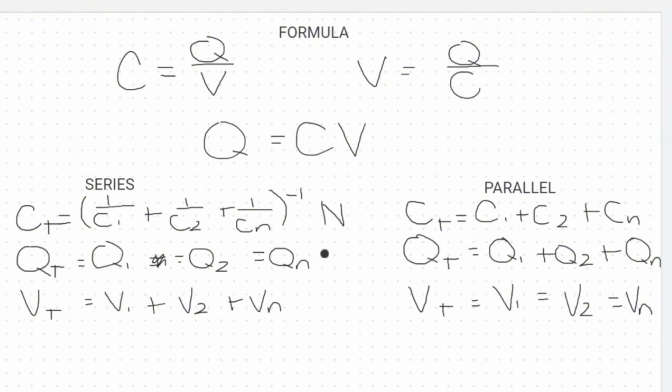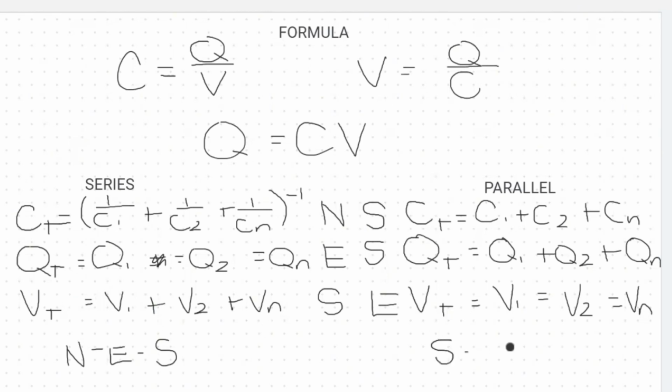Then since this is equal, just leave E. And then since this is the summation, just leave S. So our clue word for series is N, E, S. Then for parallel, we have first the summation of our capacitance, summation of our charges, and then equal for our voltages. So for series it is NES and for parallel it is SSE. This is just so you can remember it carefully.